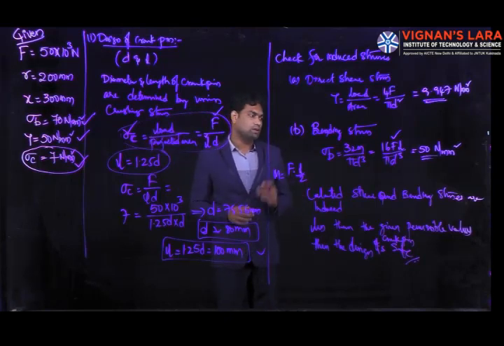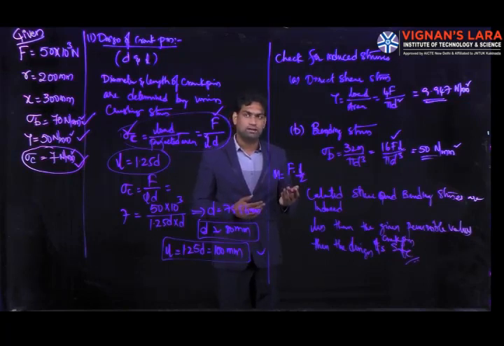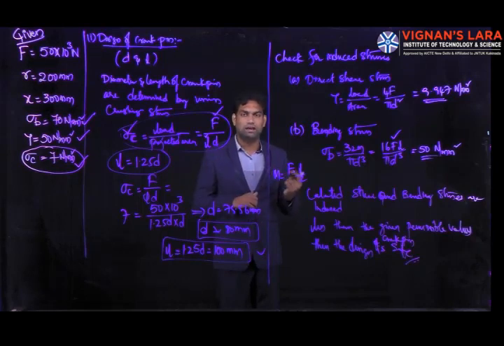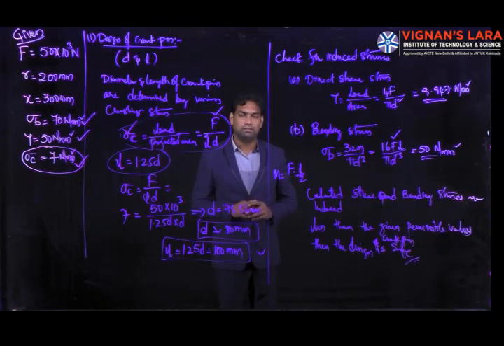Clear? After that, as per our design procedure, the next component you need to calculate is the dimensions for the web. For calculating the web dimensions, the proportions depend upon the diameter of the main journal as well as the diameter of the crank pin. We found the dimension of the crank pin, but we don't know the diameter of the main journal.